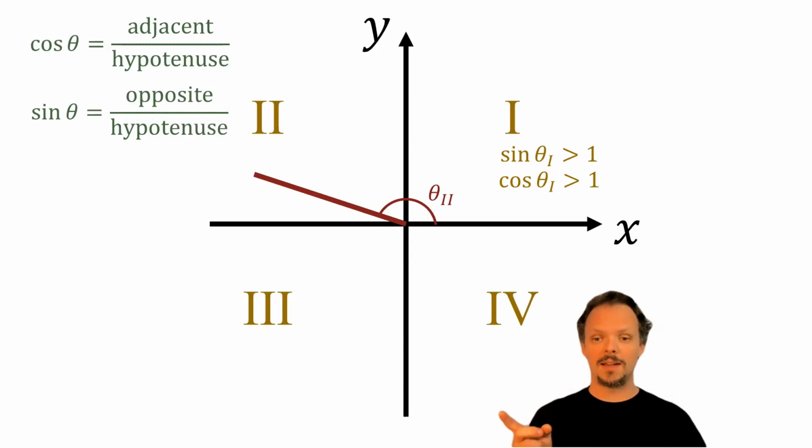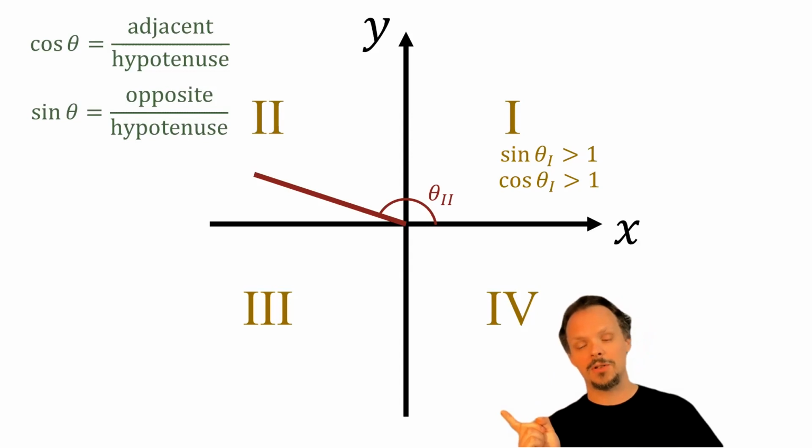Now let's move on to quadrant 2. So here we've got our second quadrant angle. You'll notice that we are measuring from the positive x-axis. So our quadrant 2 angle kind of goes like this. That's how we would measure it.